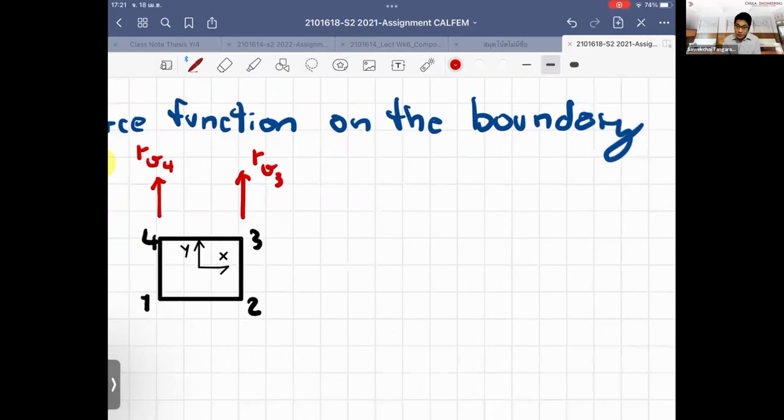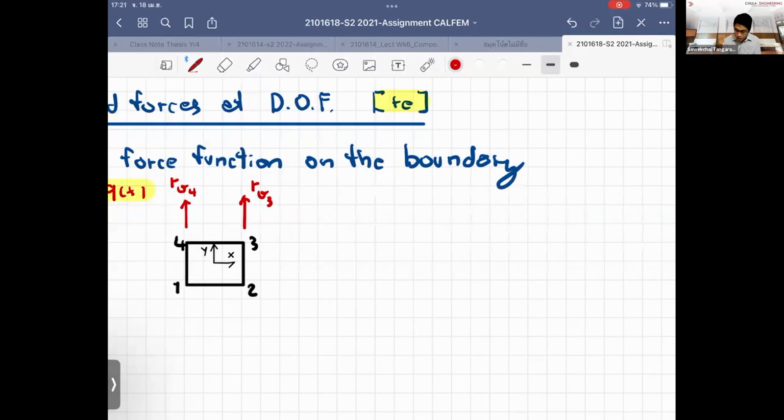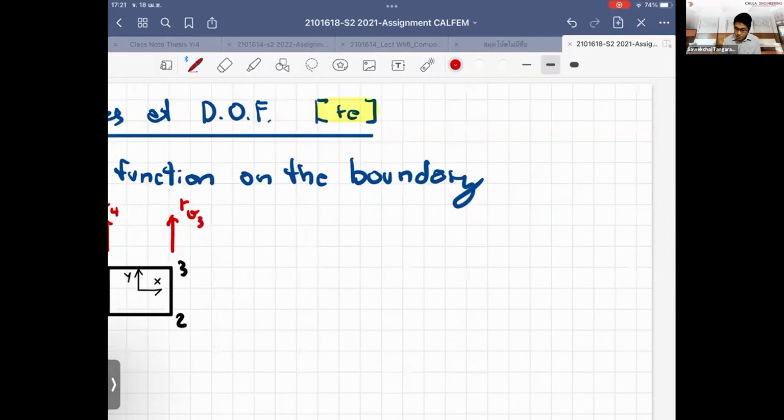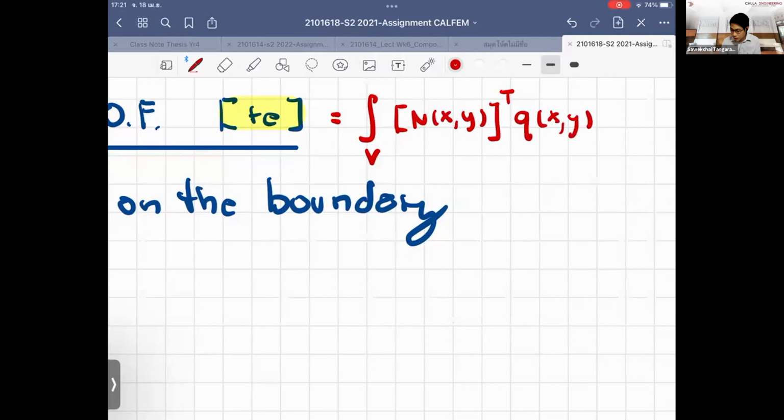In order to obtain this, we use a standard formulation. I write the standard formulation down: equal to the integration over the volume of the shape function transpose, which may have x and y, times any function of the force, you can have the q in terms of x and y, and you just integrate over dx and dy, right?